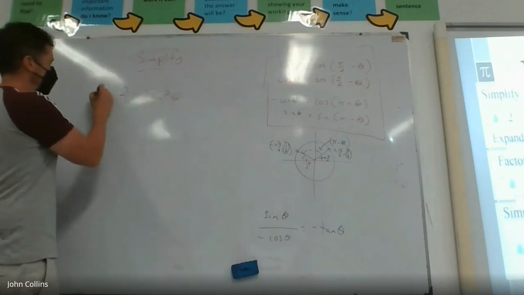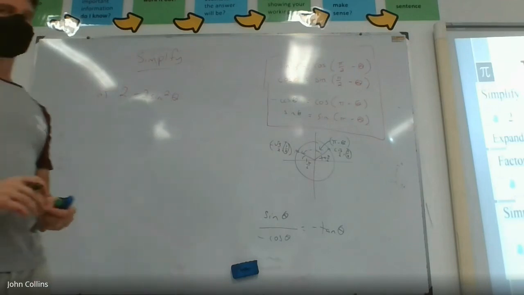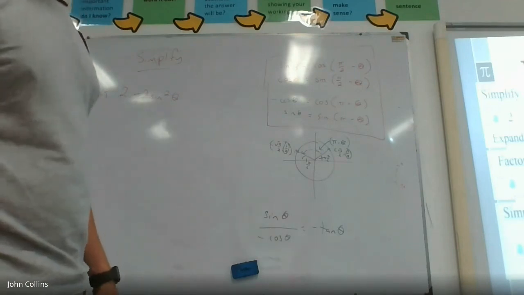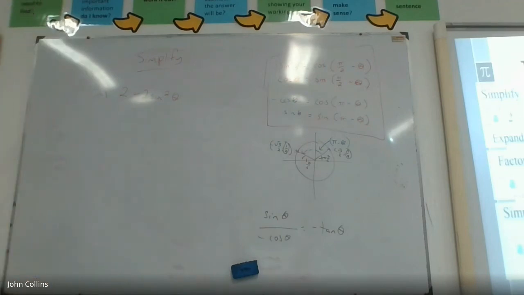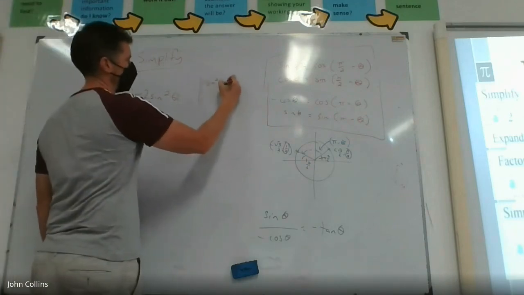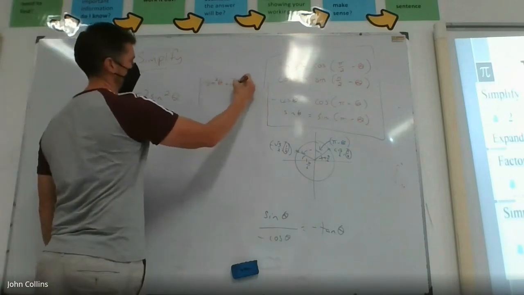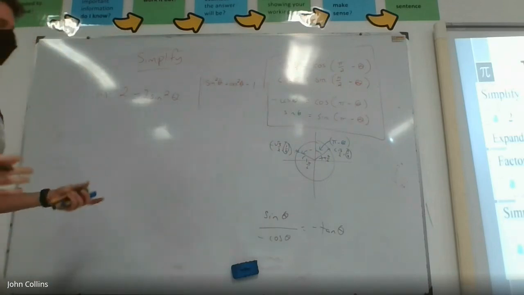I want to simplify this. These will all be using the Pythagorean identity, which is sine squared theta plus cosine squared theta equal to 1. So I've got to use that in some way to try and simplify it down.